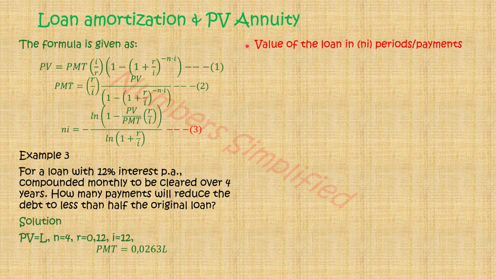So in order for us to get the value of the loan in NI payments, we are going to have it as L times 1 plus 0.12 divided by 12 raised to the power NI.